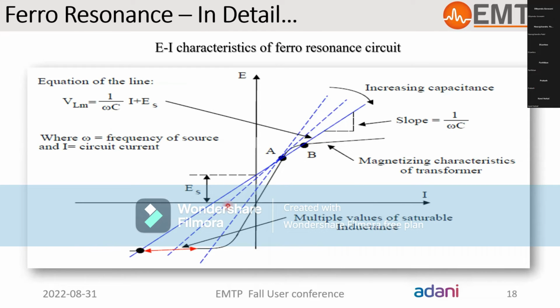Therefore, there is a wide range of capacitance that can potentially lead to ferroresonance. So this is the EI characteristic of ferroresonance, which you can see here, and the relationship between multiple values of the saturable inductance and the increased capacitance can be seen here.